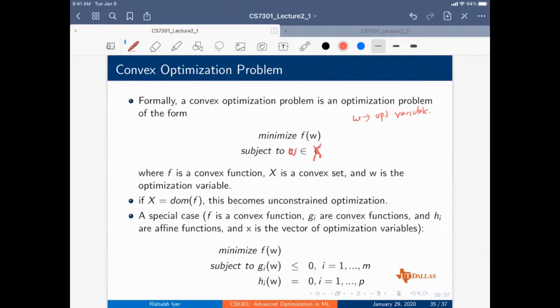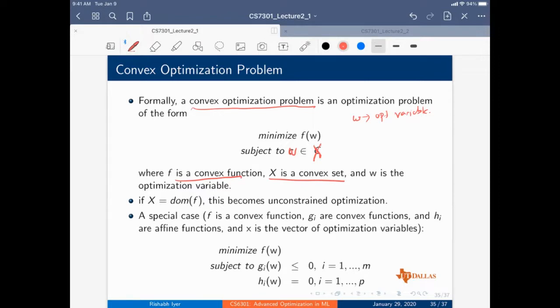into a vector. And the problem then is to minimize f of w subject to w being in X. Now in a quintessential convex optimization problem, we have f as a convex function, and the set X as a convex set, and obviously w is the optimization variable.